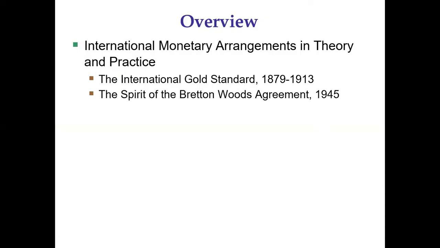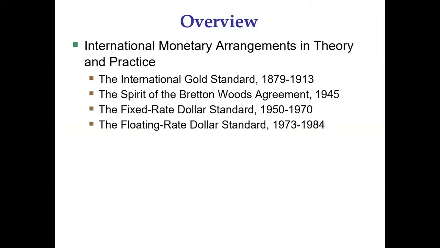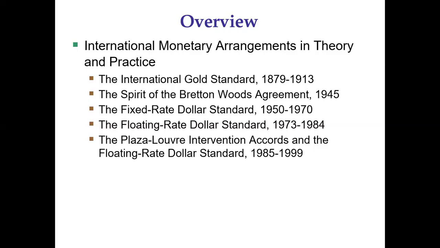Then we'll talk about the major overview of the Bretton Woods Agreement of 1945. We have the fixed rate dollar standard from 1950 to 1970, floating dollar standards from 1973 to 1984, and from 1985 to 1999, the Plaza and Louvre interventions, which again talk about floating rates.